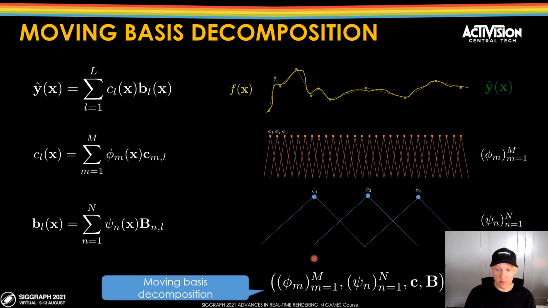So all in all, the moving basis decomposition is defined by these two sets or sequences of kernels. We have the kernels for the coefficients, the kernels for the basis vectors, and their corresponding coefficients. You can see how the kernels and the coefficients come into play in these kernel expansions, and this is an illustration of what the resulting approximations might look like.